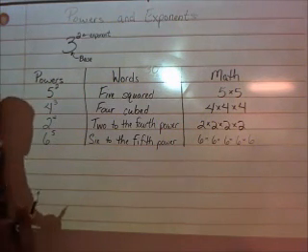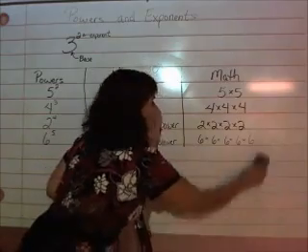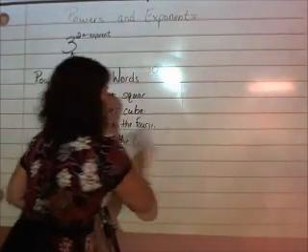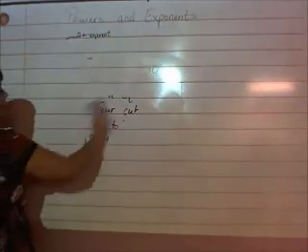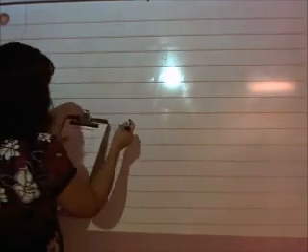Now, another way that you may see powers or exponents, I'm going to give you another chart. This time we're going to have exponential form, expanded form, and product. So if you'll please write this.